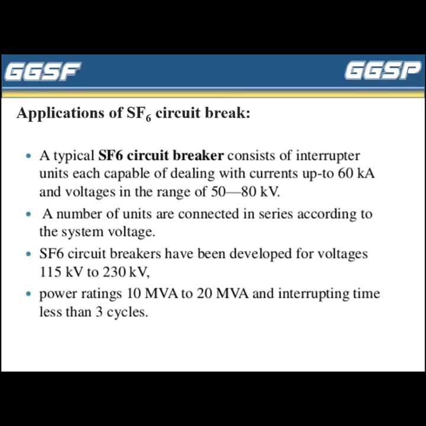A number of units are connected in series according to the system voltage. SF6 circuit breakers have been developed for voltages of 115 kilovolts to 230 kilovolts, power ratings 10 MVA to 20 MVA, and interrupting time less than 3 cycles.